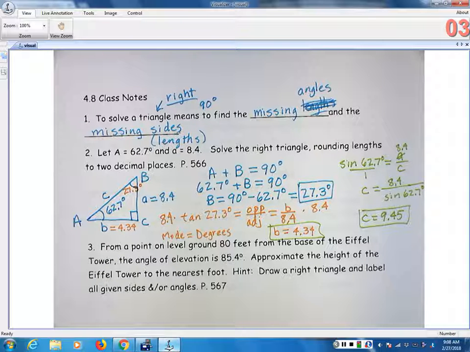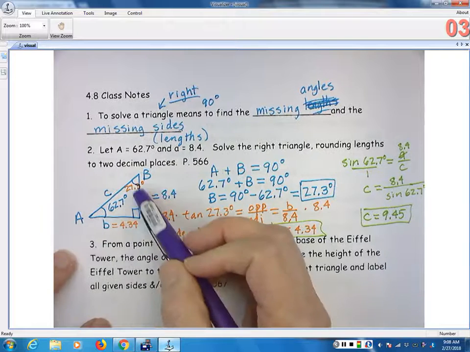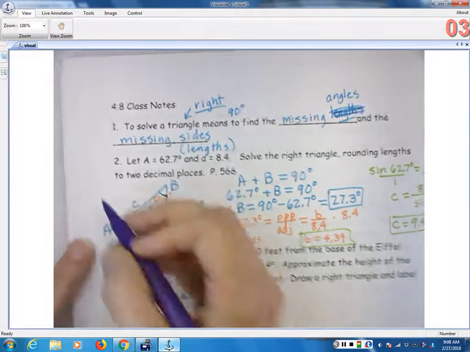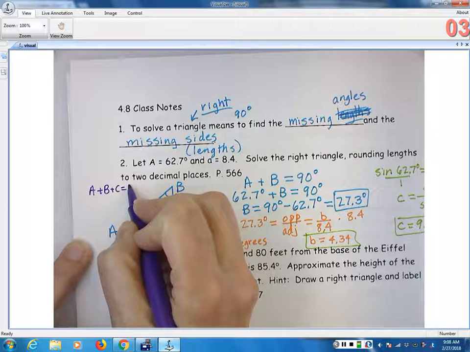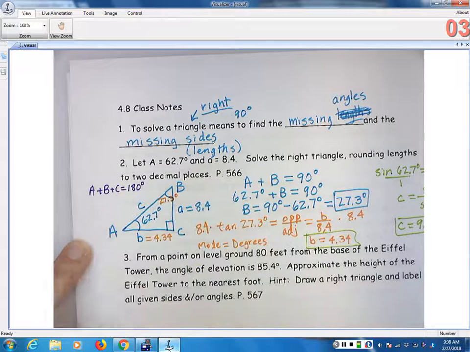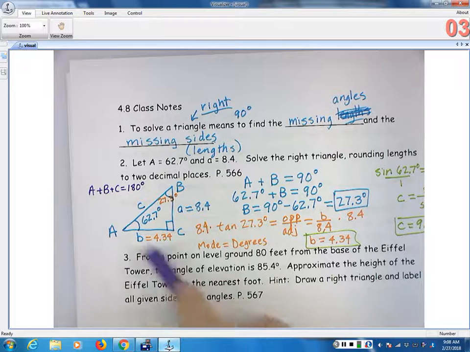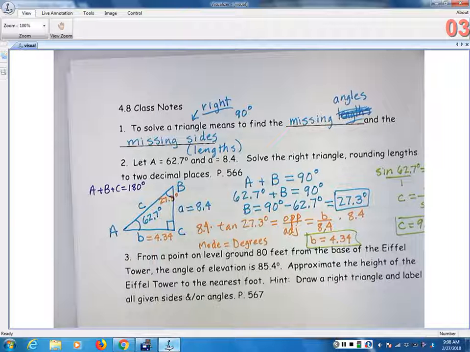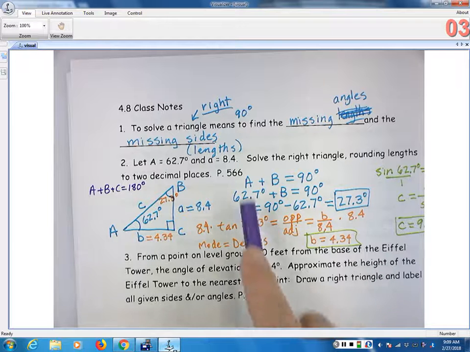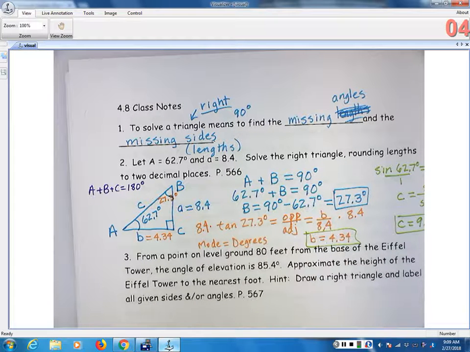The angles A, B, and C add up to 180 degrees because they're the interior angles of the triangle. Since C is 90 degrees, A plus B must equal 90 degrees. So you can find angle B. Whenever you're given one angle on one of these right triangles, you can find the other one using the fact that they add up to 90.